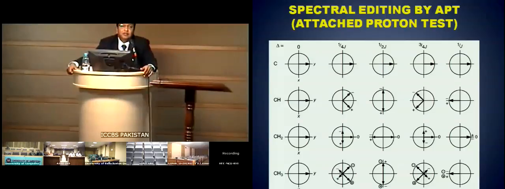The first thing they did, they wanted to remove the long-range couplings, and they did an experiment called off-resonance decoupling, bringing a radio frequency oscillator, tuning it on long-range coupling frequencies, and then removing all long-range couplings.